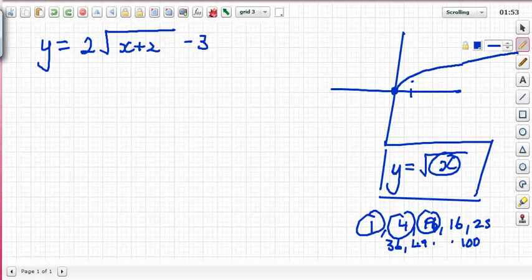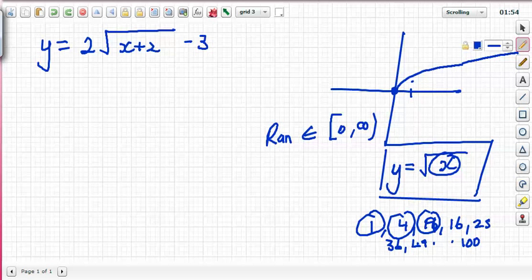And of course, we can look at the domain and range. What is the range? In this case, the range is the element from 0 inclusive to infinity.